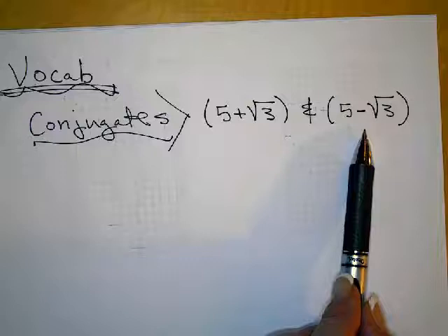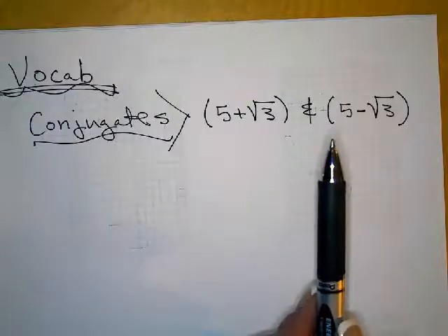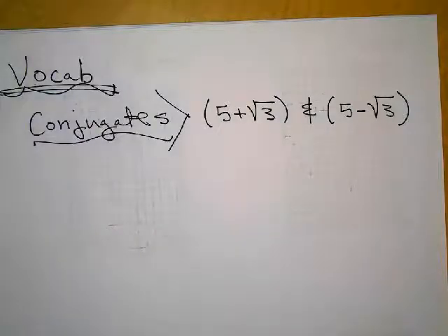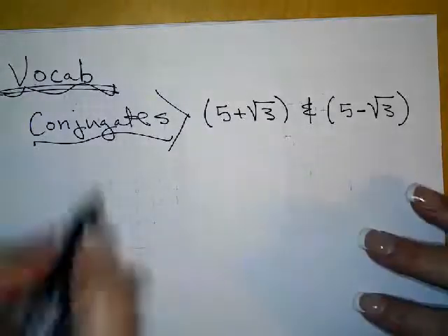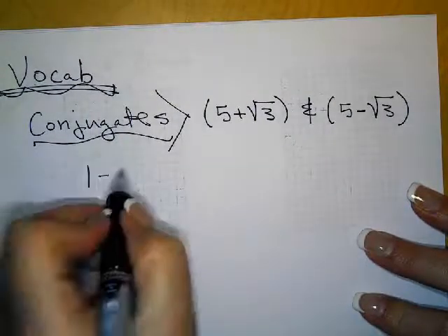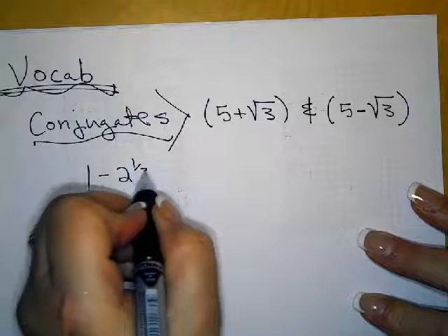And you might have a binomial in the denominator, and for some reason, you can't have radicals or rational exponents in the denominator. And likewise, if I had something like 1 minus 2 to the 1/3 power, what would be its conjugate?